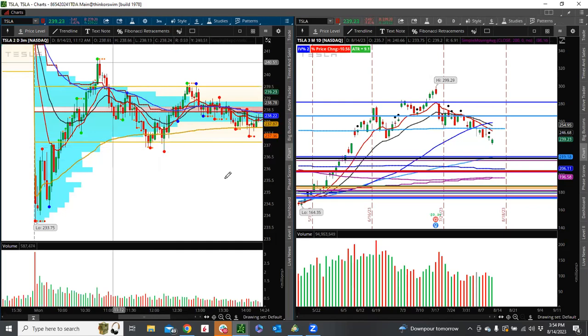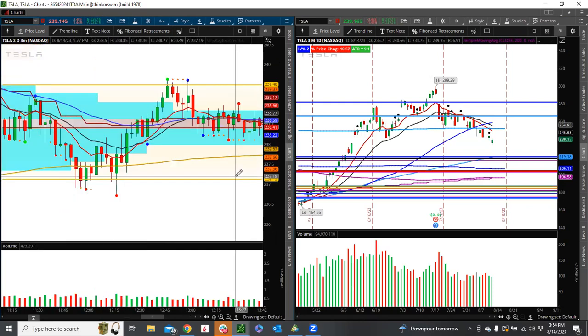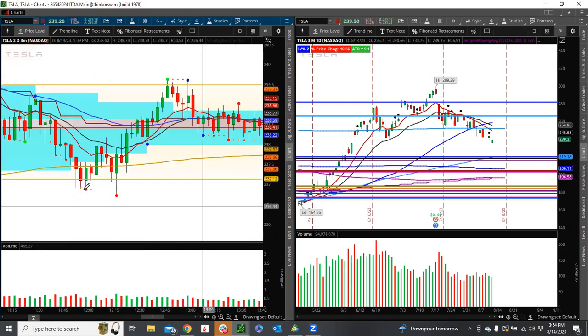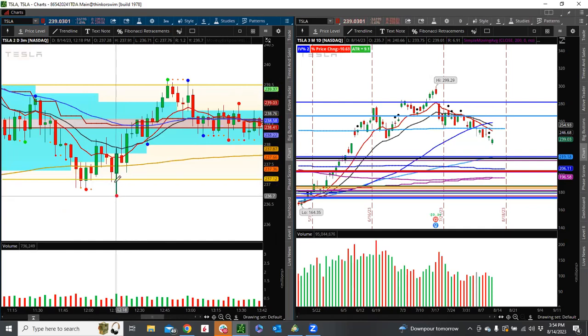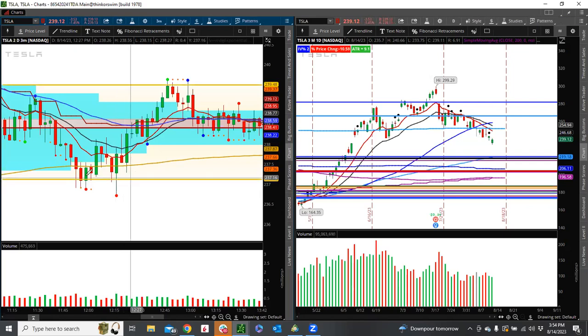So I see a nice double bottom. Let me zoom in a little bit here, so we can get a better look at the volume, right? Double bottom, right? It's not a textbook hammer, but it's hammer-ish, and that's all I care about. I'm just looking at the size of a couple things. First of all, look at these two candles, right?